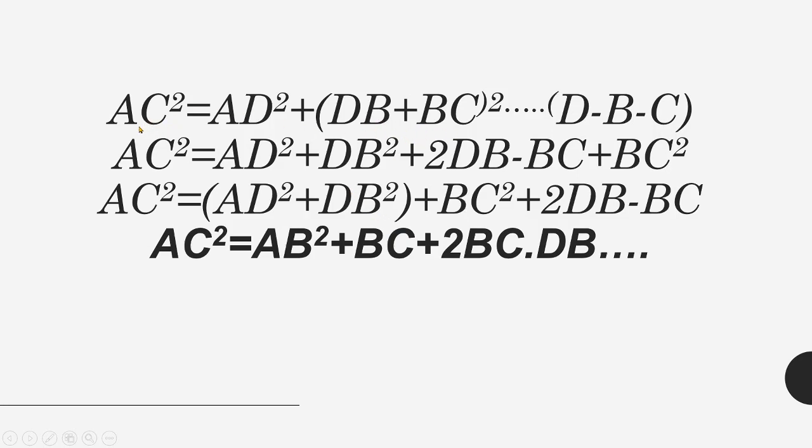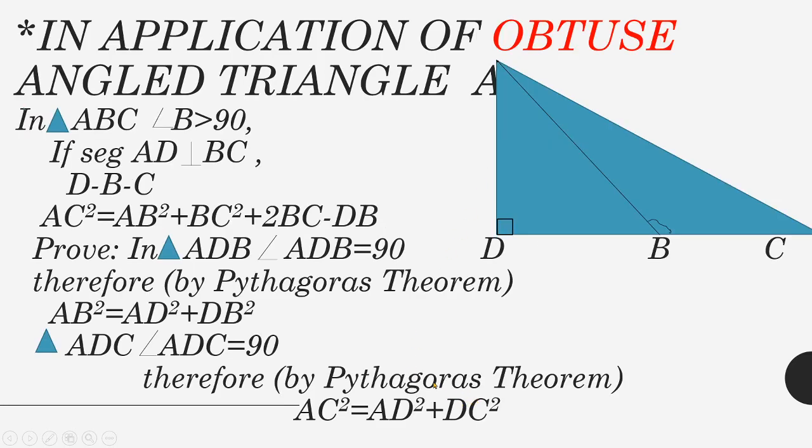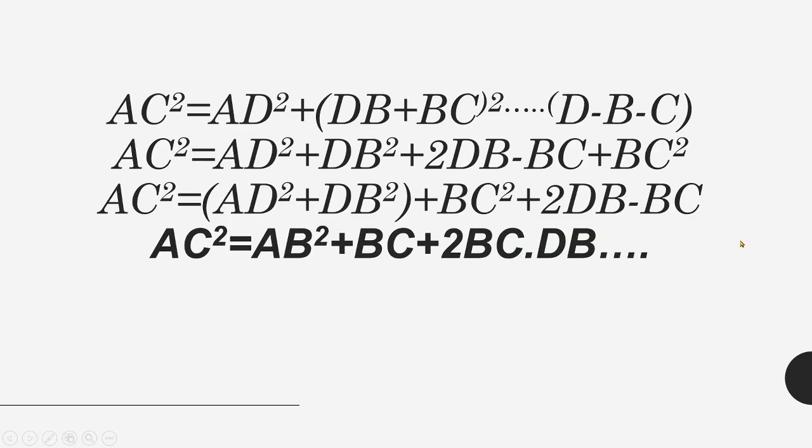Our equation becomes AC square is equal to AD square plus (DB plus BC) whole square, because D, B and C lie on the same line BC. Here we put the whole DC as DB plus BC.